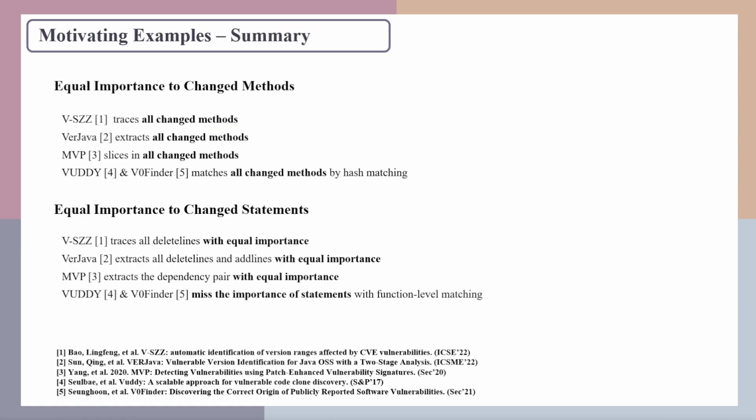So, let's summarize the current patch-based and clone-based limitations. First, they consider all changed methods equally important. Besides, they either consider the changed statements equally or miss the importance of statements with function-level matching. This all caused false positives and false negatives.